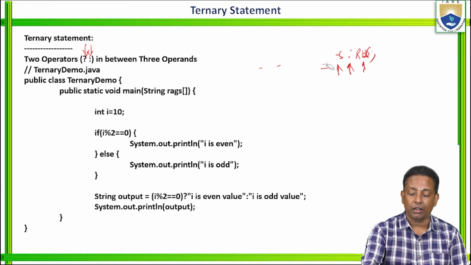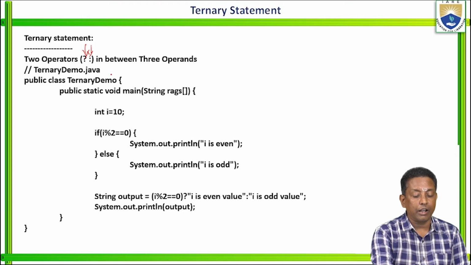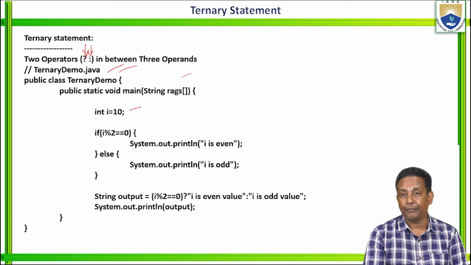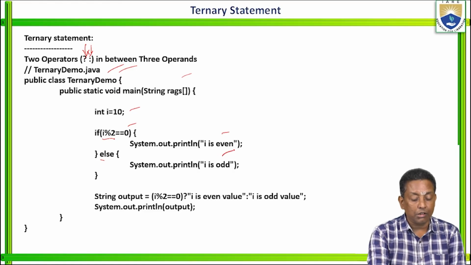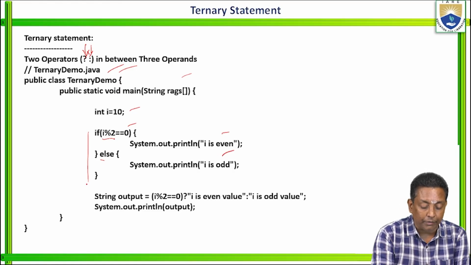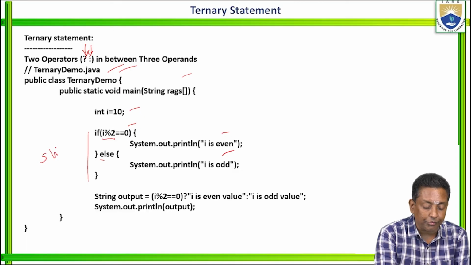This is the syntax of the ternary operator. The example we are doing here is TernaryDemo.java, class declaration, main method, int i is equal to 10. We check i divided by 2, if remainder is 0, i is even, else i is odd. So in this if-else condition, we have written almost 5 lines of code.